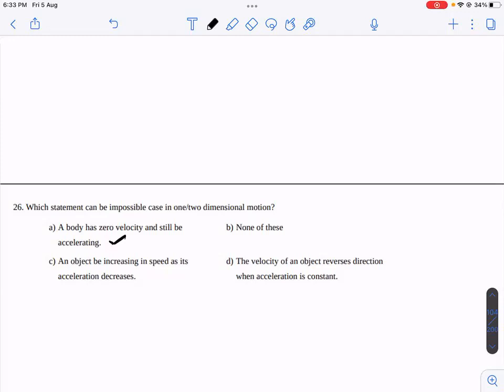So what is the answer? Sir, A, sir. Read the question. Which statement can be impossible case?